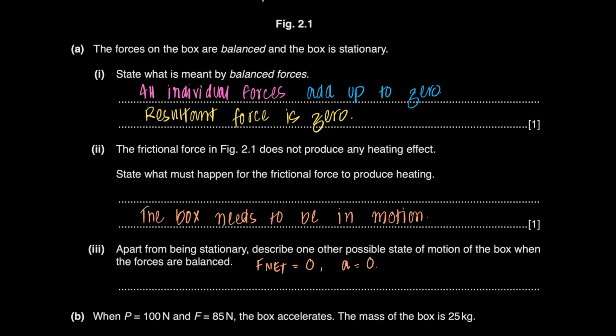So if this is stationary, it won't move. But if it's already moving, it won't speed up or slow down. So it'll move at constant speed. Motion with constant speed.